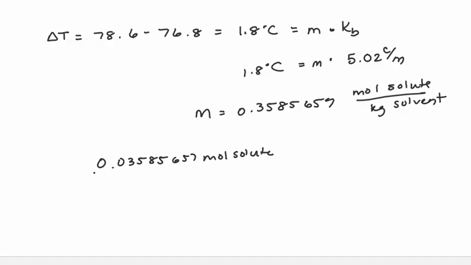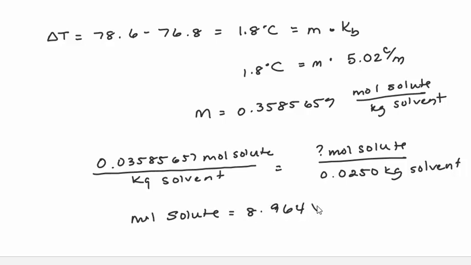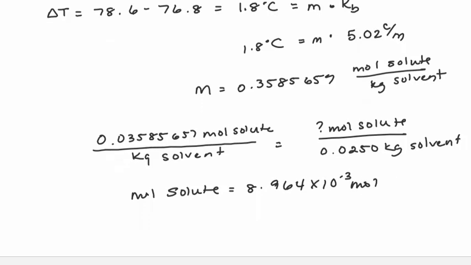This is moles of solute per kilogram of solvent, so that is equal to some number of moles of solute over 0.0250 kilograms of solvent. When I solve for this, my moles of solute are equal to 8.964 times 10 to the negative 3 moles.